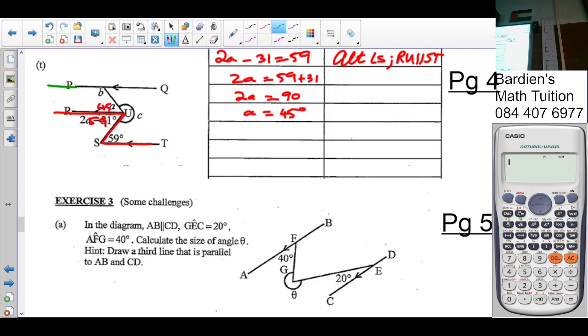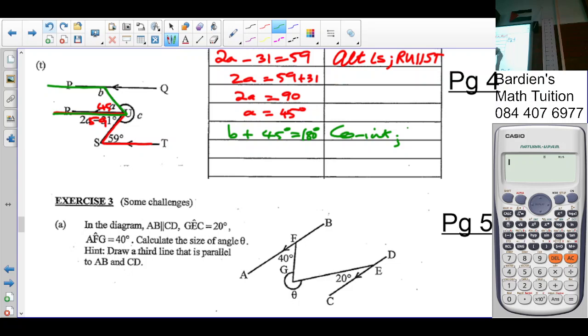Okay, I will calculate B. Co-interior angles. So B plus 45 degrees equals 180. Co-interior angles. Another word for 180 degrees is supplementary.